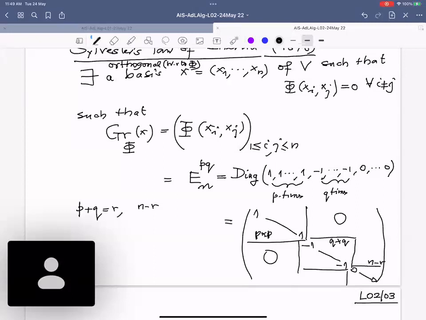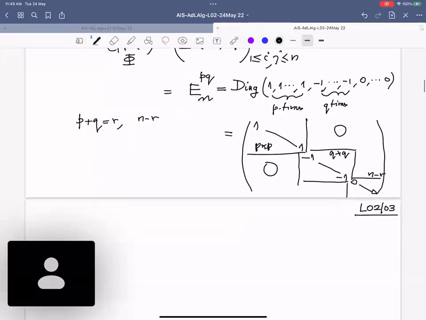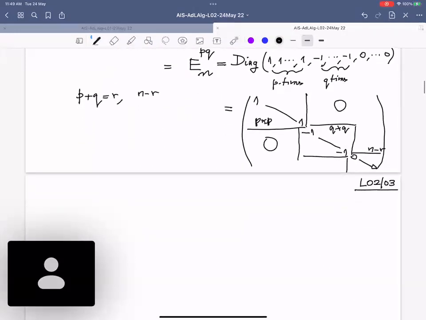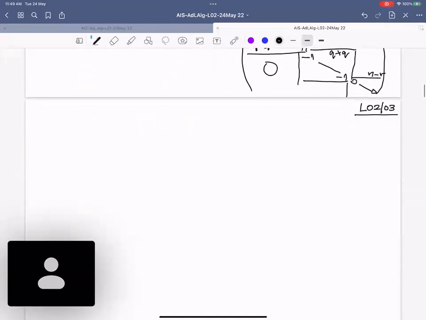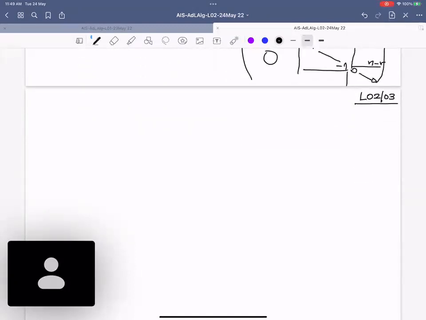In fact, we can also describe P and Q nicely. Okay, before I give a proof, I will tell you this P is called, so I'll write on the next page. So this P is called inertia index.